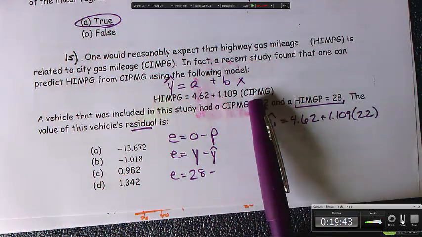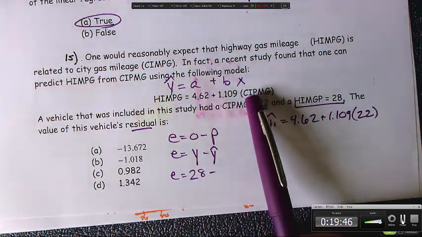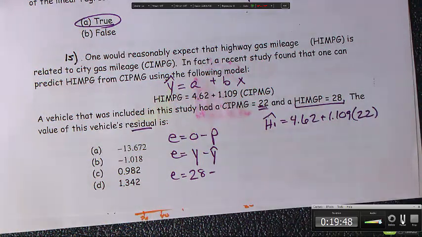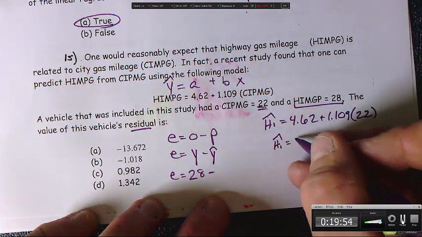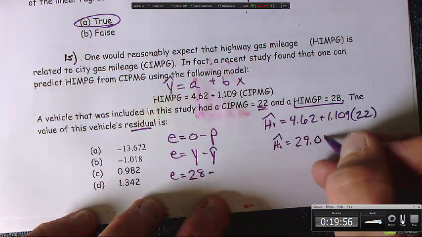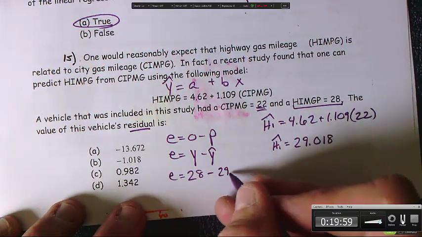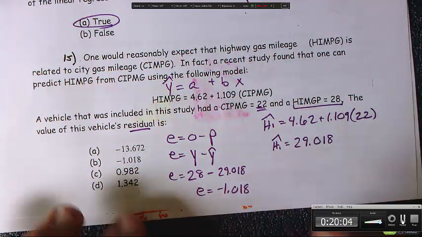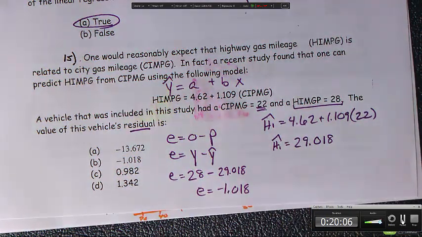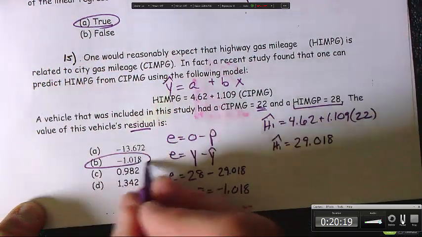Because remember, x is our city, so we plug 22 in for city. Working that in a calculator, the predicted highway is 29.018. Plugging that into our error formula gives an error of negative 1.018. Make sure you understand, a lot of people asked what a residual is at the end of the test. Error and residual are the exact same thing. So the answer for this is B.